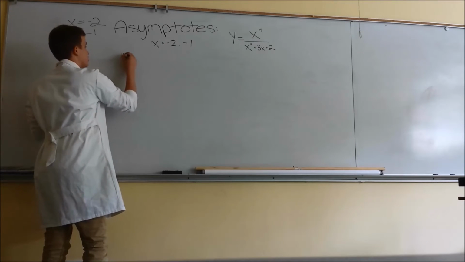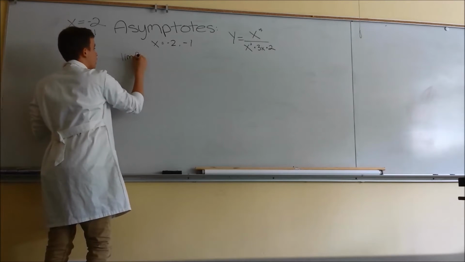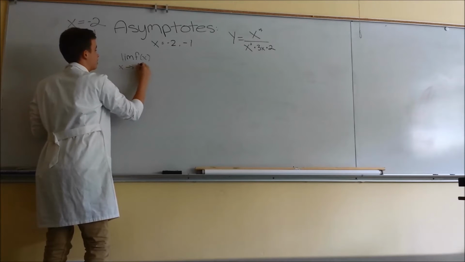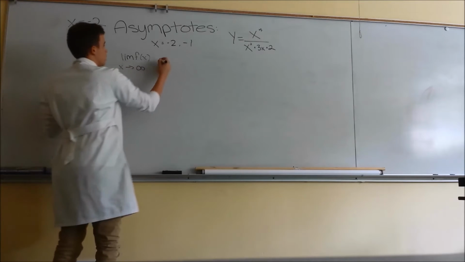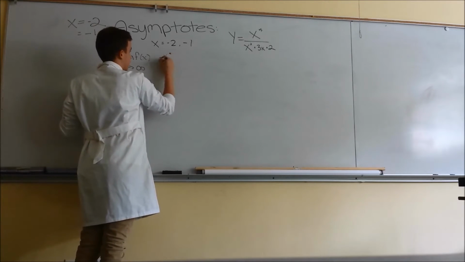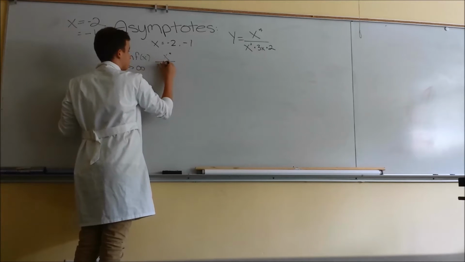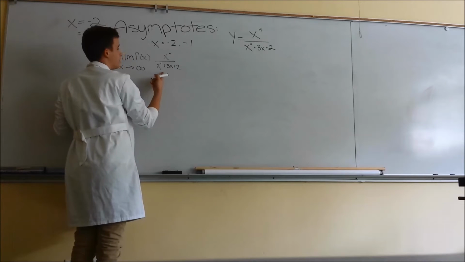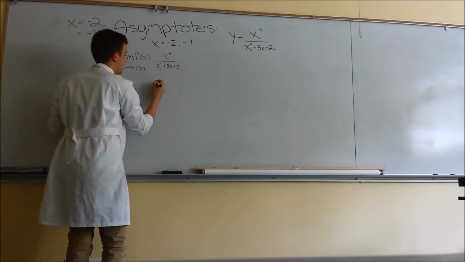And a horizontal asymptote is when the limit of f of x is approaching a number as x approaches infinity, whether it be positive or negative. So we take our function, and we divide it by the highest power of x on the bottom.